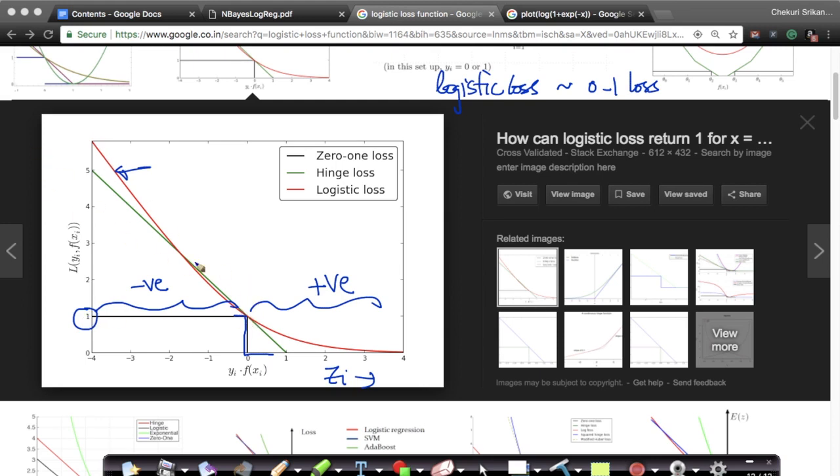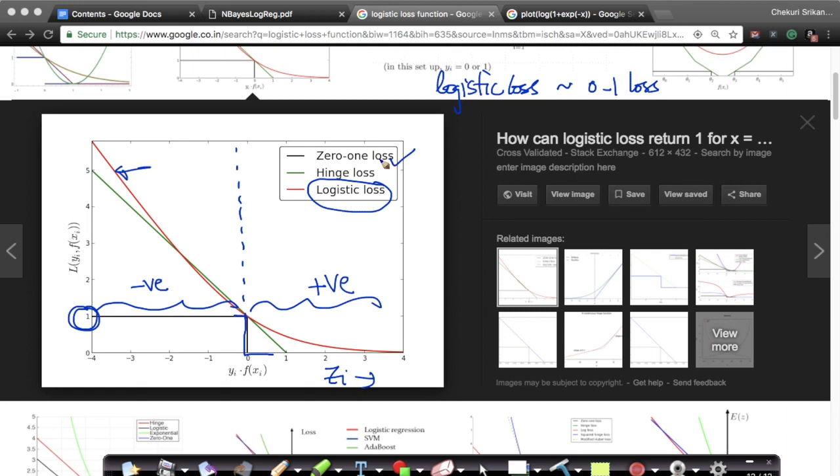This loss is increasing. Look at the negative side of things. This is the positive side. When your zi is negative, your logistic loss is no more always equal to 1 like your 0, 1 loss function. It increases very, very sharply like this.